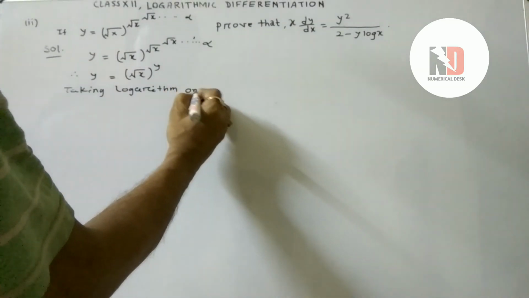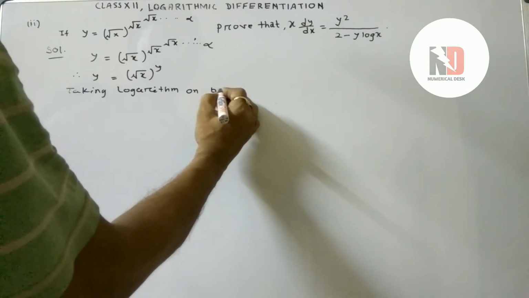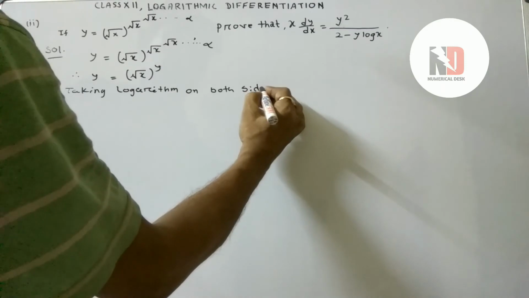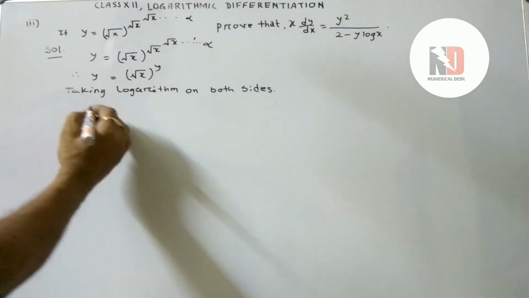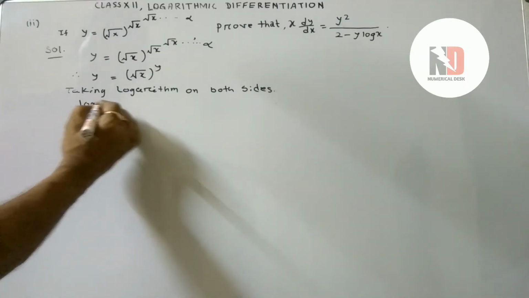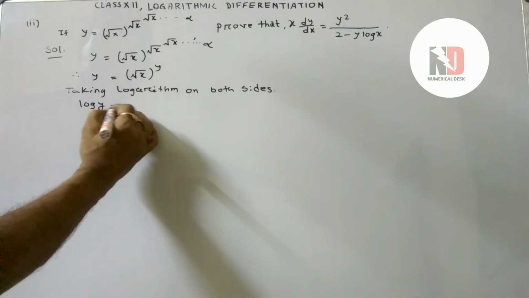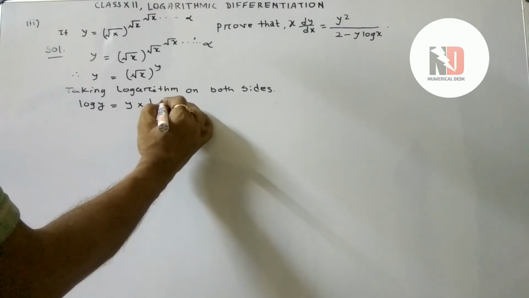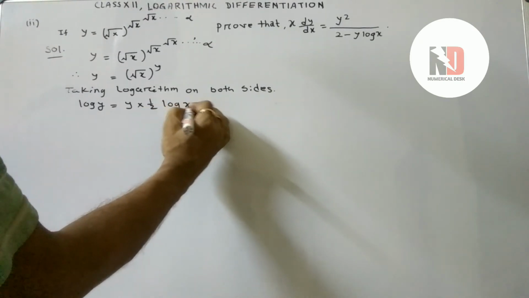Taking logarithm on both sides, log y equal to y into half log x, because x to the power half.